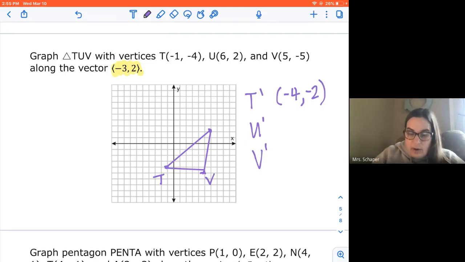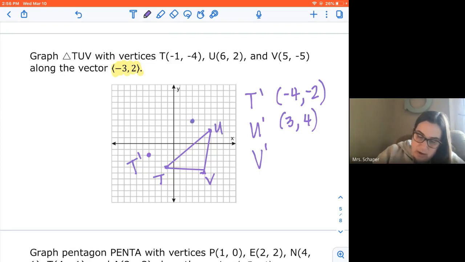So T prime is going to be (-4, -2). U is going to be 6 minus 3 is 3, and 2 plus 2 is 4. So for U, I'm going to go over 3, up 4. That's going to be U prime.